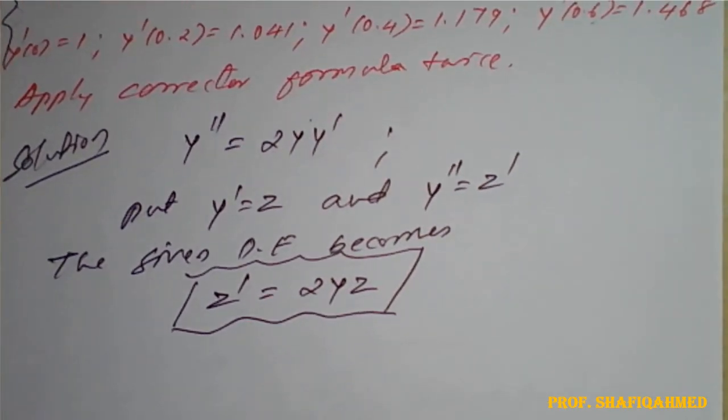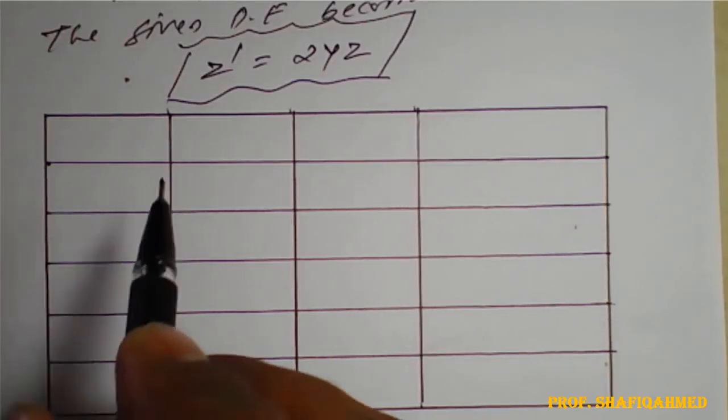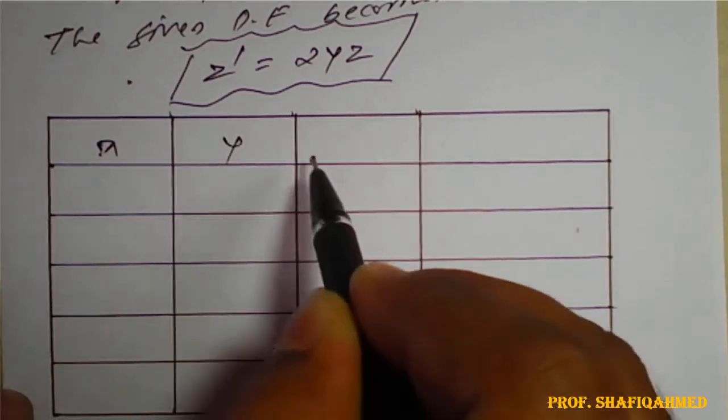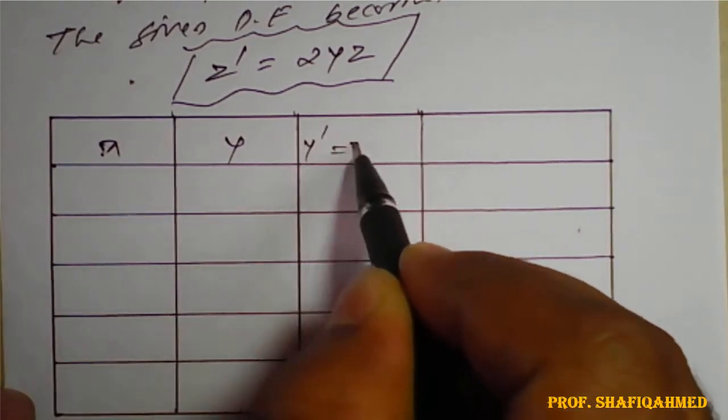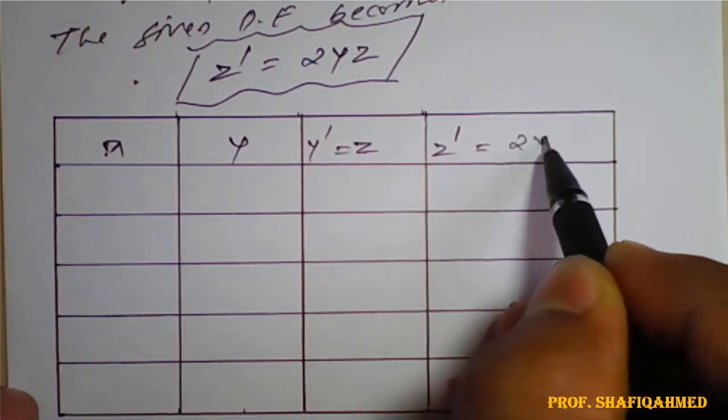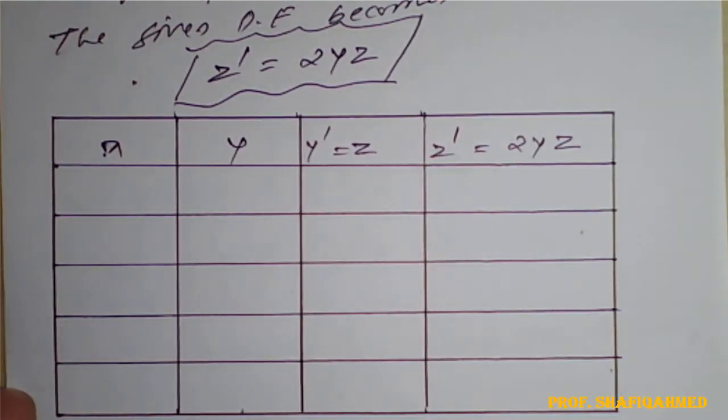So what is the table? We'll see. This is the table: x column, y column, y dash which is nothing but z column, and z dash, where z dash is nothing but 2yz, the given differential equation.